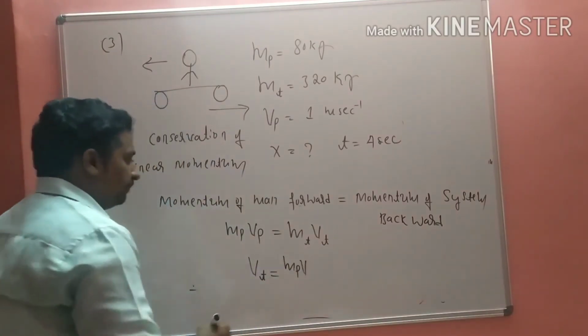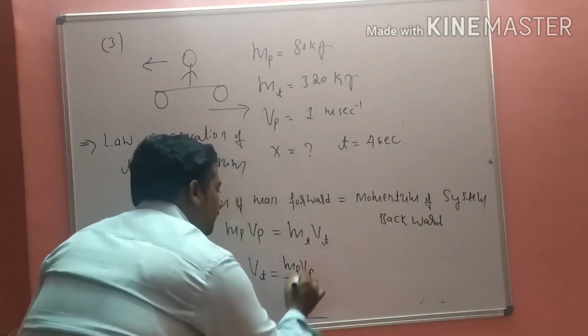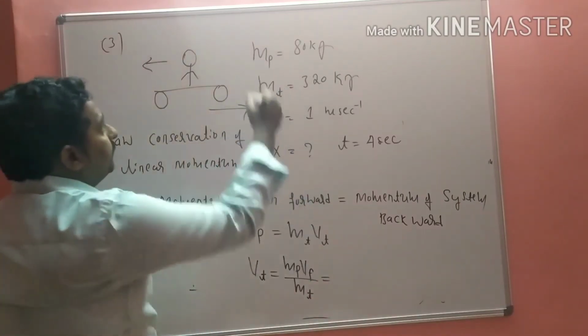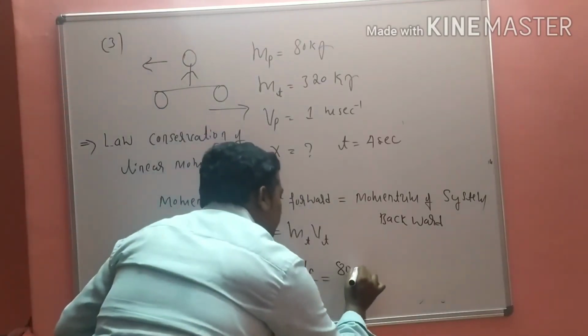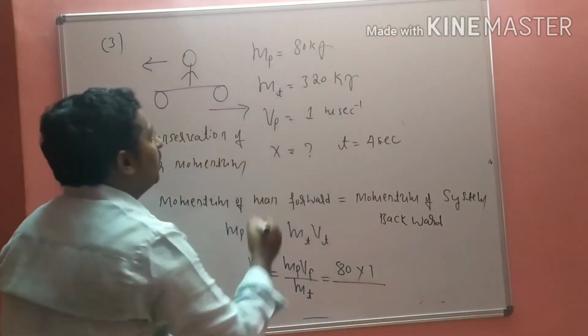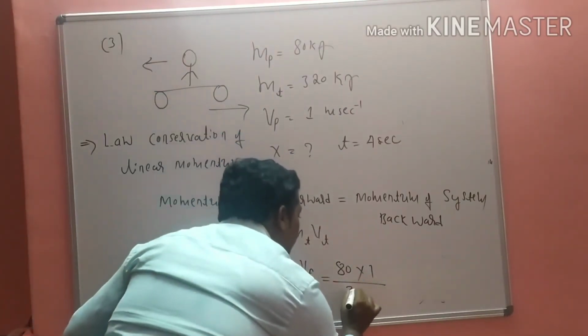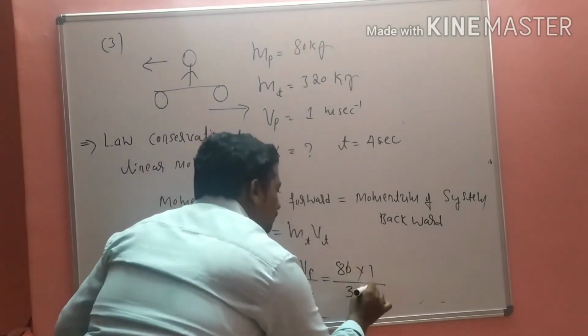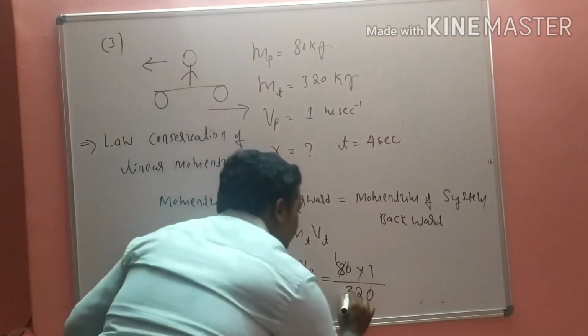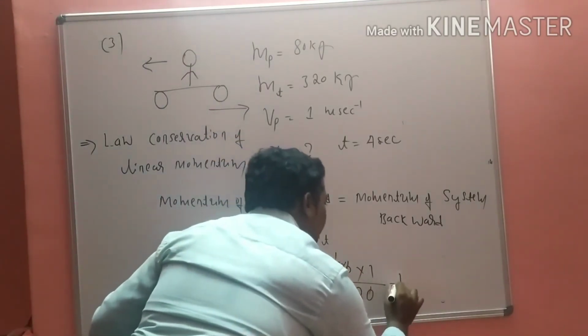The speed of the trolley is equal to the mass of the person times the speed of the person divided by the mass of the trolley. So mass of the person 80 into speed of the person 1 divided by mass of the trolley 320. So 10 and 10 get cancelled, 8 1s, 8 4s. So that is 1 by 4.